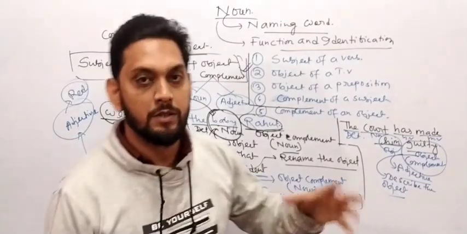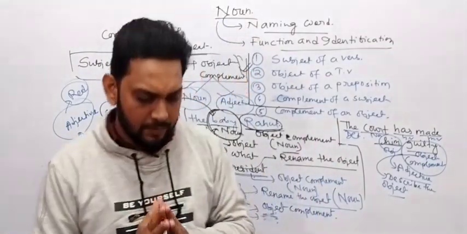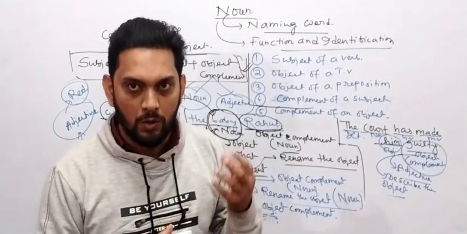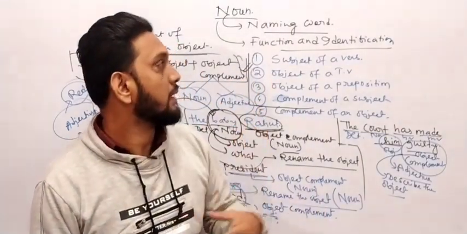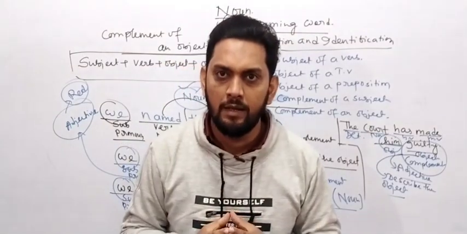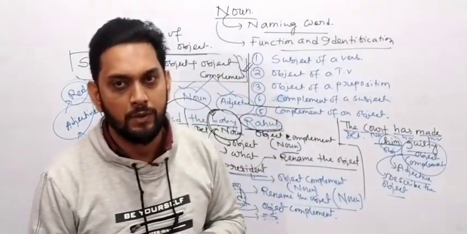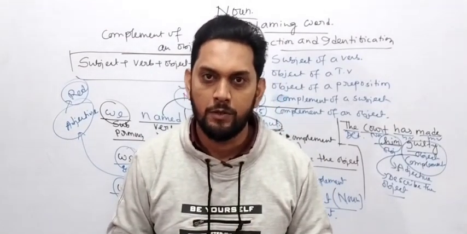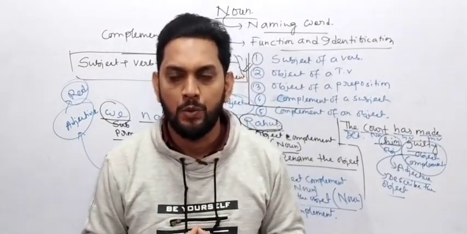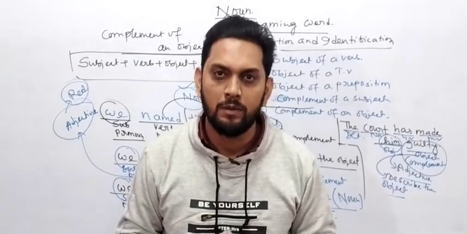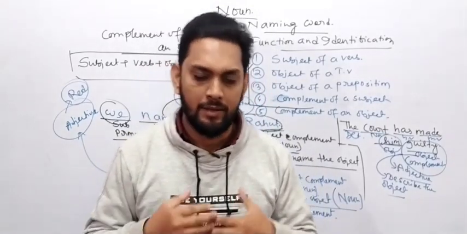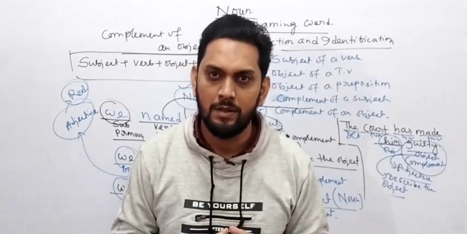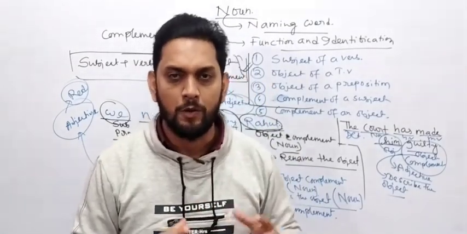So for the last three to four days in my class, the first day I discussed phrases and clauses, and also I started identifying the function and identification of a noun. Today I have completed all the functions of noun. From today onwards I am going to discuss the types of noun, how many types there are, and next the functions of types of noun, like common noun.